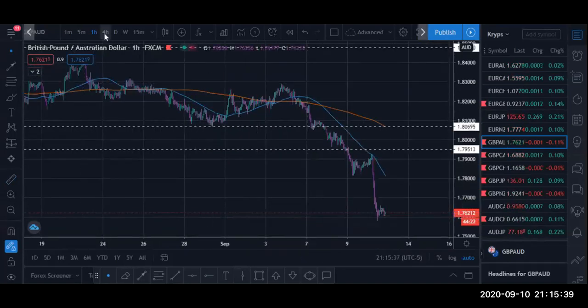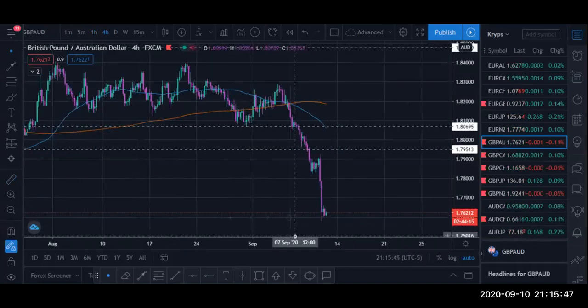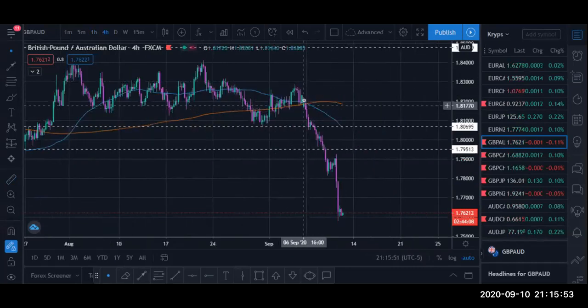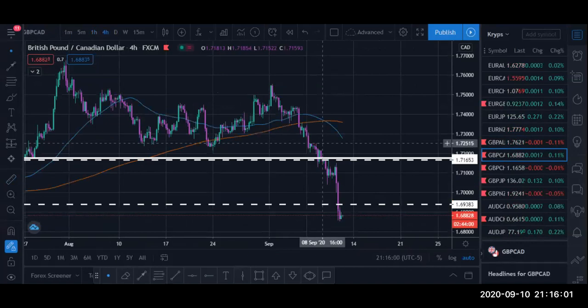That's why, on a fundamental standpoint, I like to trade fundamentals a lot too. And you see lately that the pound and the Aussie were strong at the same time. But now the pound is just starting to fall. So with the Australian dollar, you will see AUDs go up, you will see pounds go down. GBP and the CAD, it's a little bit of strength, but pound falling.